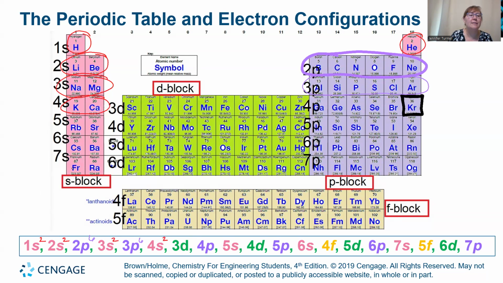And now, look, you can see that we're crossing over here. Okay. And that gives us 3d10. And here we are at the very end. We go 4p all the way to krypton, and then we're done. So 4p6, and we have completed that.